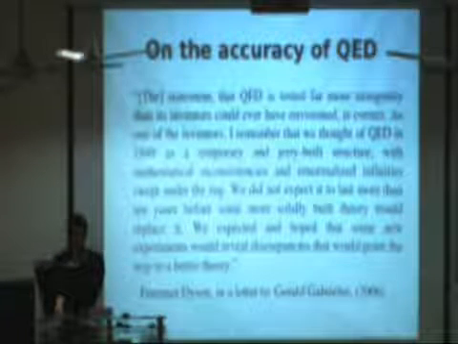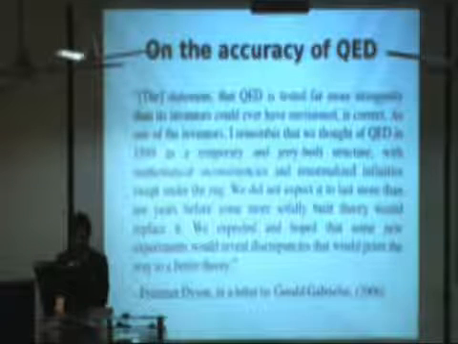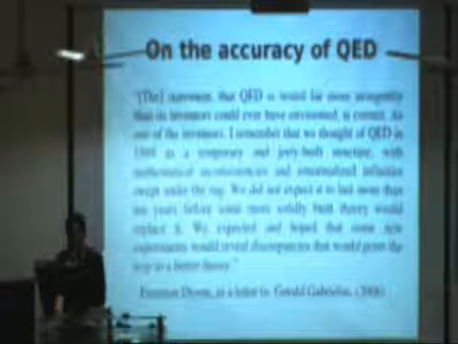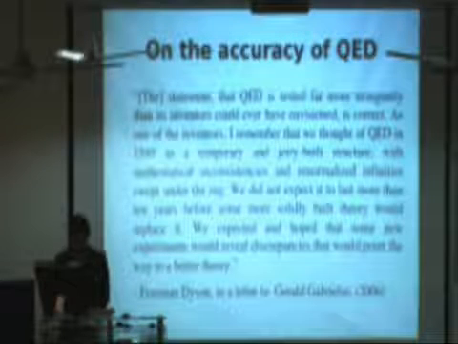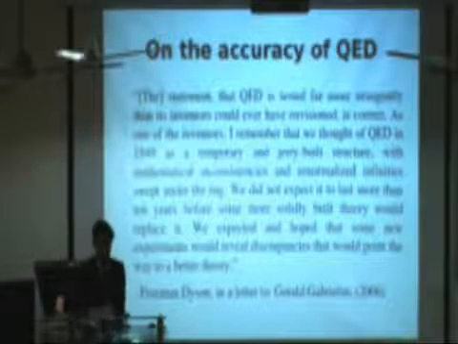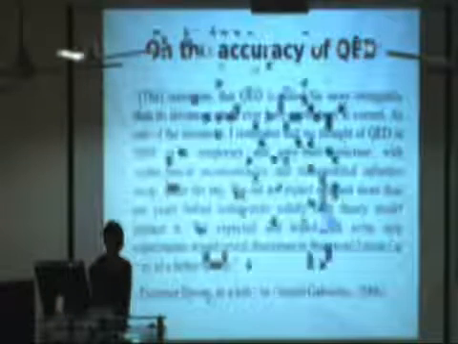We did not expect it to last more than 10 years before some more solidly built theory would replace it, and we expected and hoped that some new experiments would reveal discrepancies that would point the way to a better theory." But nevertheless, QED is very successful.